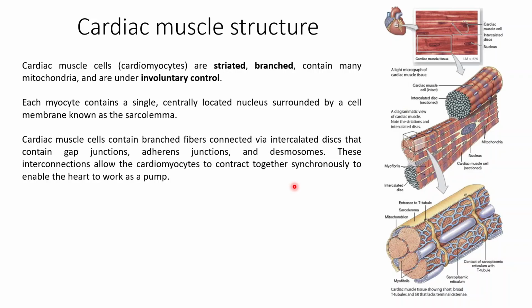And these discs contain gap junctions, adherens junctions, and desmosomes, very important components that help with information transfer between the cardiomyocytes. And these interconnections are important for the transfer of mechanical forces and electrical information, and this allows cardiomyocytes to contract synchronously, because making sure that things happen synchronously is what allows the heartbeat to happen in a rhythmic fashion.